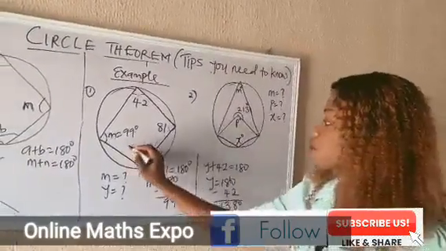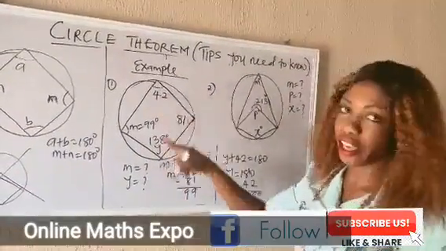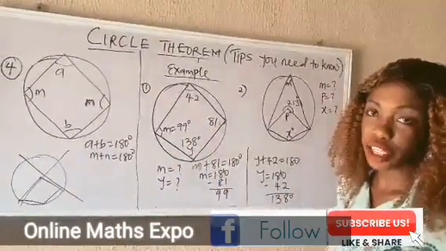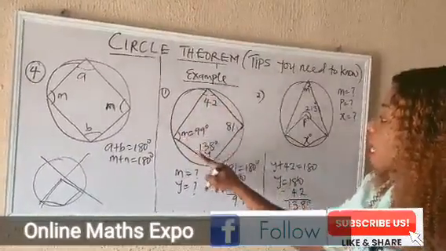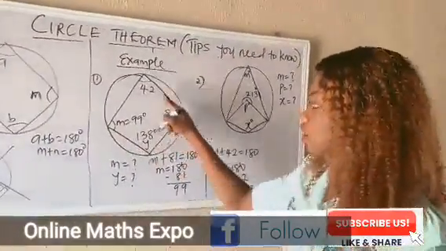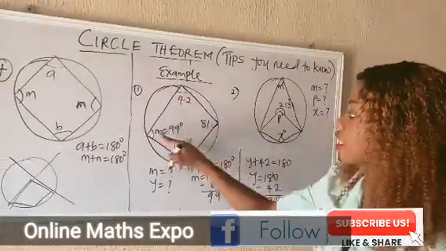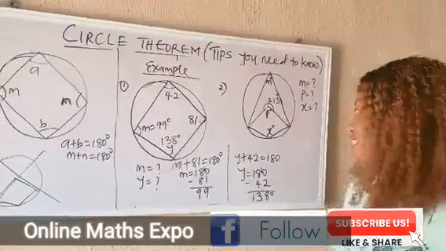So here will give us 138 degrees. So if you add this and this together, it gives you 180. If you add this and this together, it gives you 180. And you know that for a quadrilateral, the total angles in a four-sided shape is 360. So if these two give 180 and these two give 180, the two of them will sum to 360 degrees.